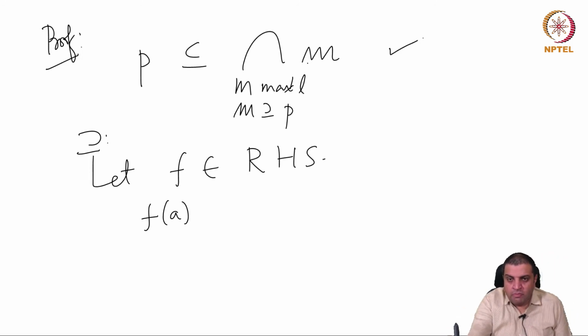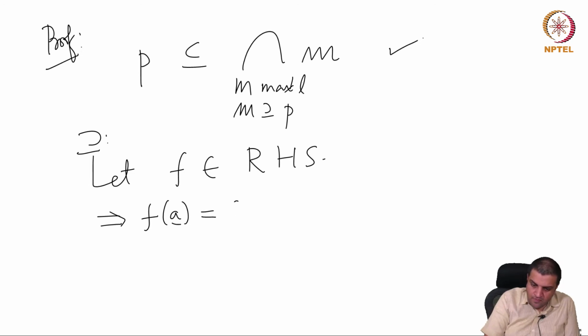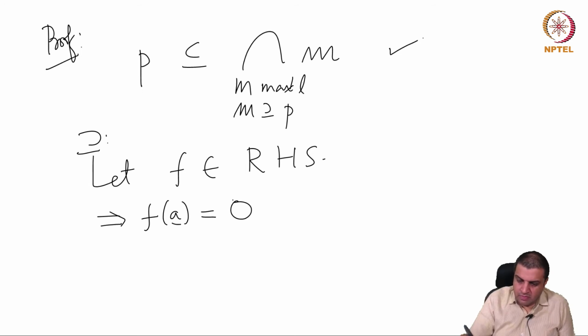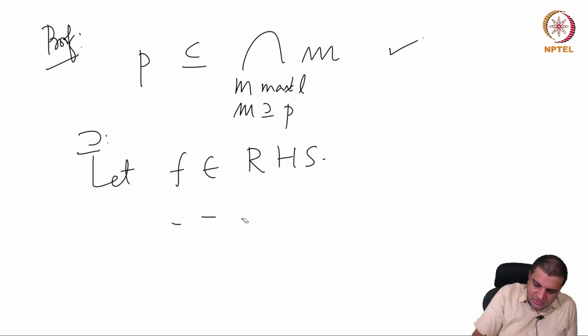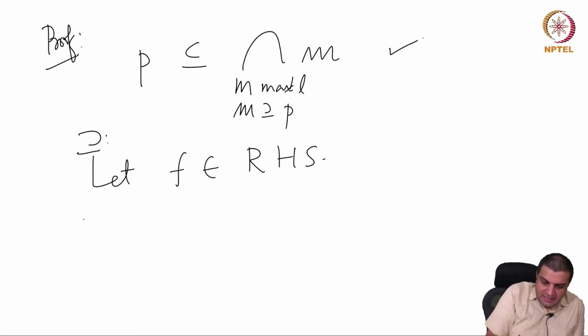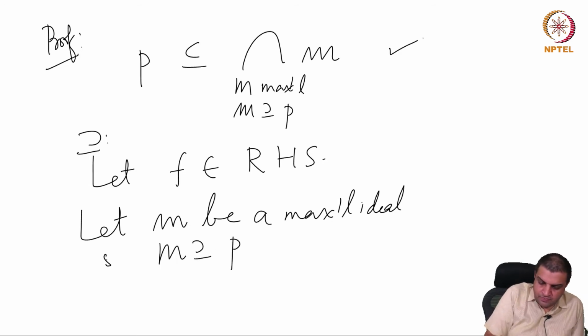They are of the form (x1 minus a1, and so on). Before I say that, let me just explain. Let M be a maximal ideal containing P.